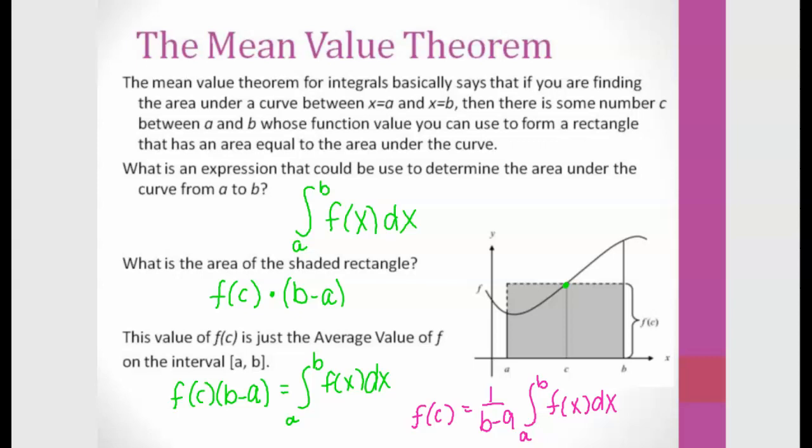So we talked about the function will equal the average value, but that average value is coming from this shaded rectangle that we can create by taking the height at some point C, the width of the rectangle at A to B, and then manipulating that equation so it's f of c times b minus a equal to the integral, which says the value of f of c is the average value because we divide by b minus a.